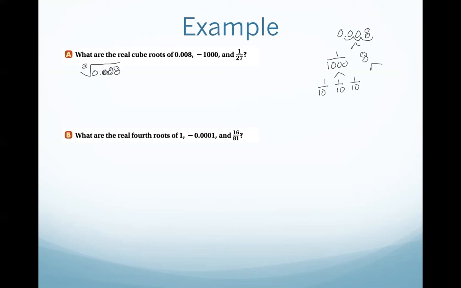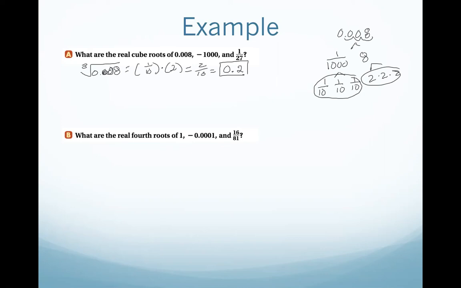And 8 is 2 times 2 times 2. So the cube root here is going to be 1/10 times 2. 1/10 I have 3 copies of, 2 I have 3 copies of. So our answer here is 2/10 or 0.2. That's how we can apply it to a decimal.